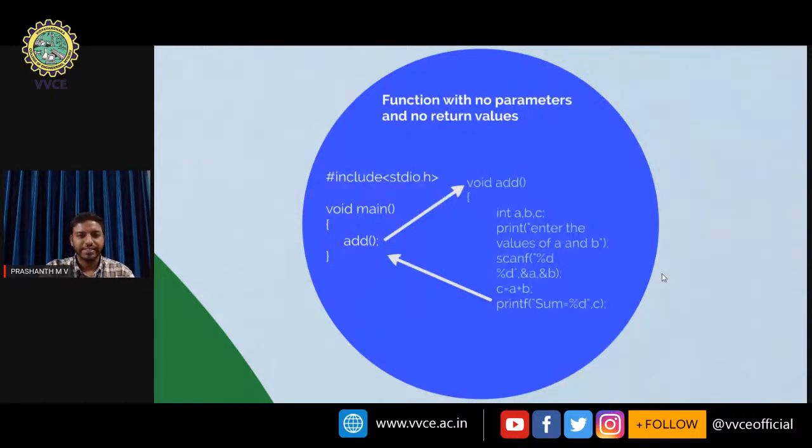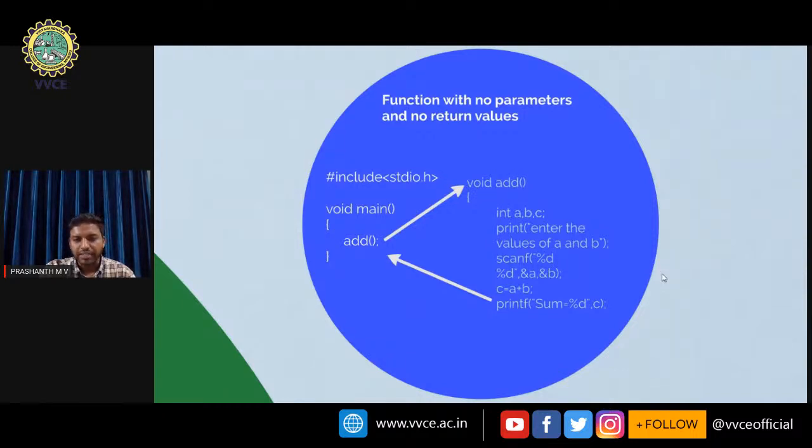Now take this example. Hash include stdio.h, that is my first line. After that I have used void main. The void main is the main function, which is calling the function, that is the void add function.